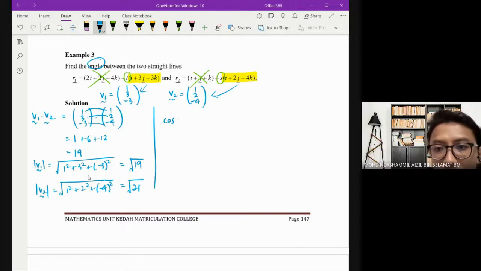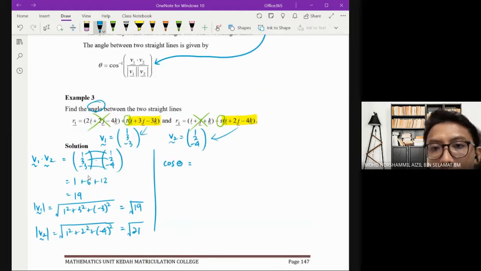Okay, so let's calculate. Means that cos theta will be what? Apa formula ni tadi? Cos theta will be the dot product over the magnitudes, 19 over root 19 times root 21. So shift cos lah dia guys.